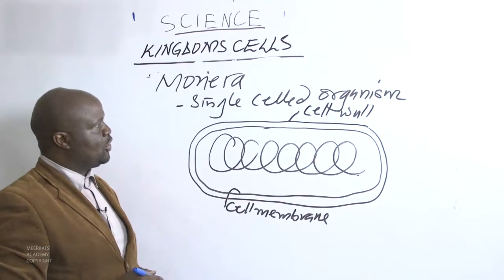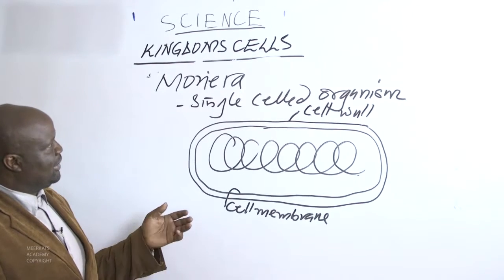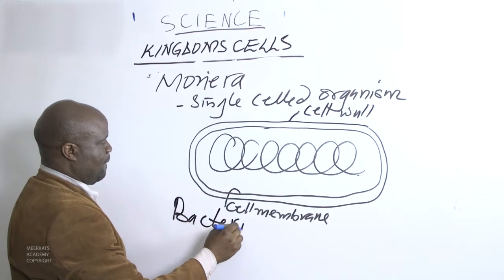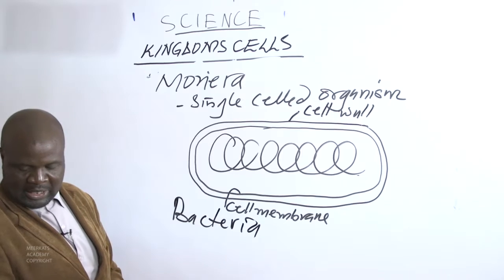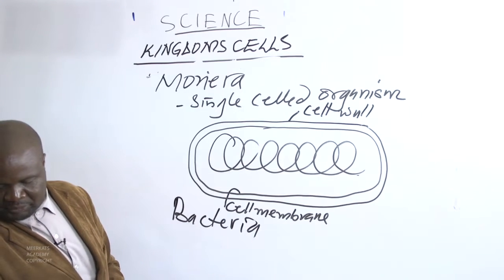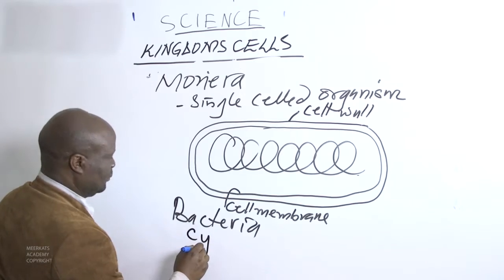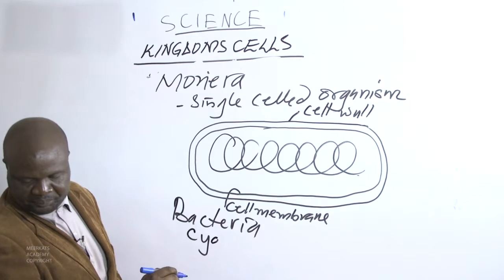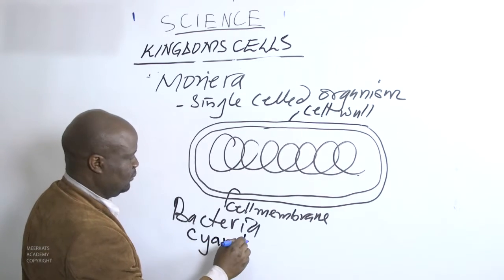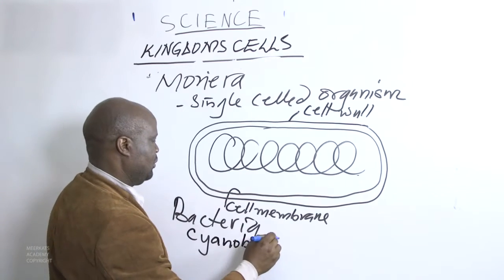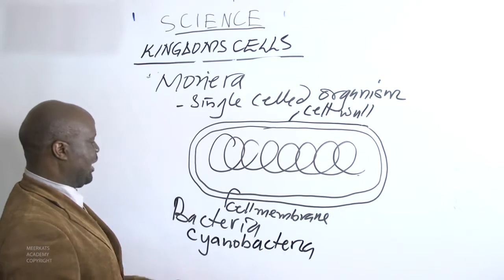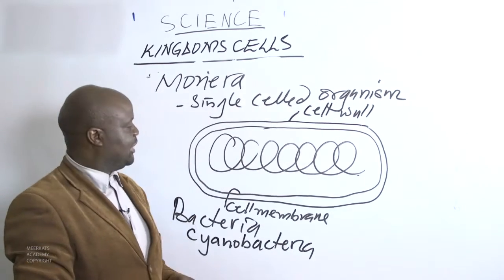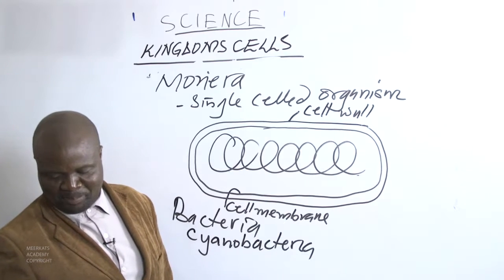But this is the structure. Organisms that show such characteristics include the bacteria. So we have the bacteria and the cyanobacteria, whose cells show such characteristics.